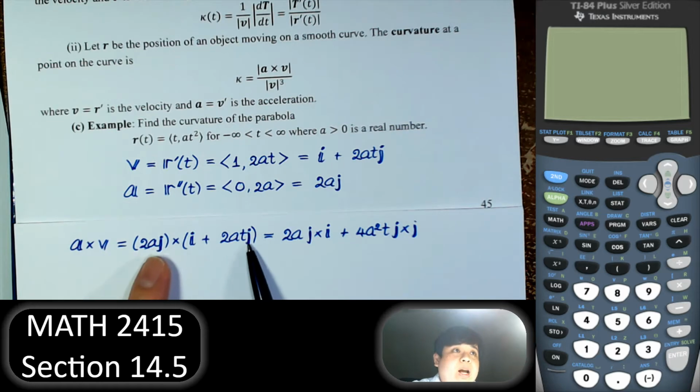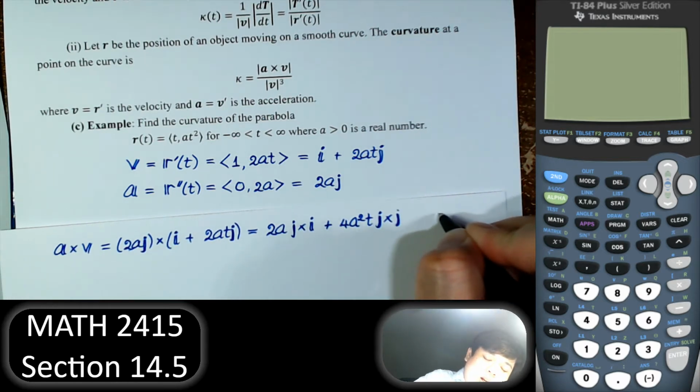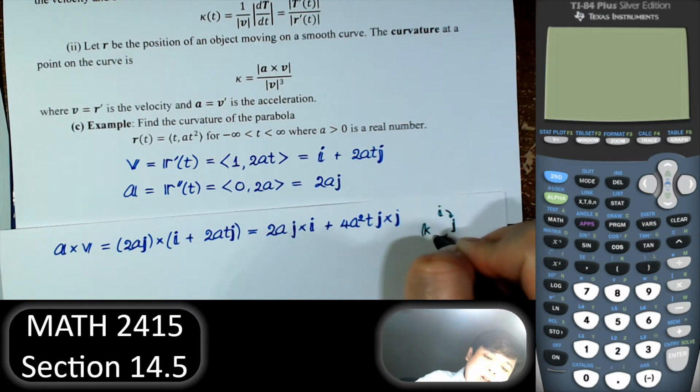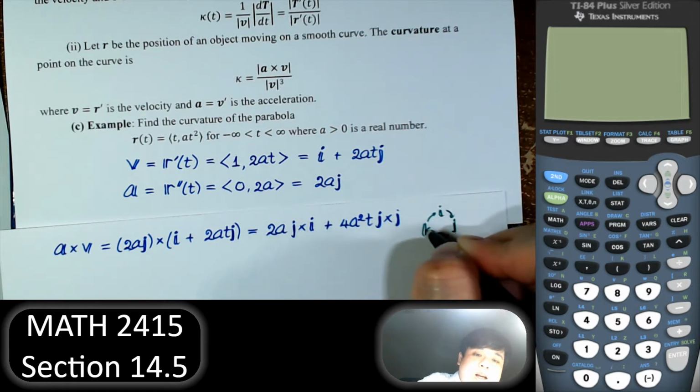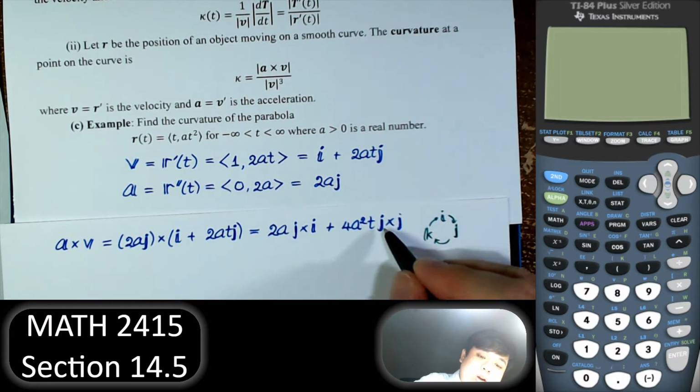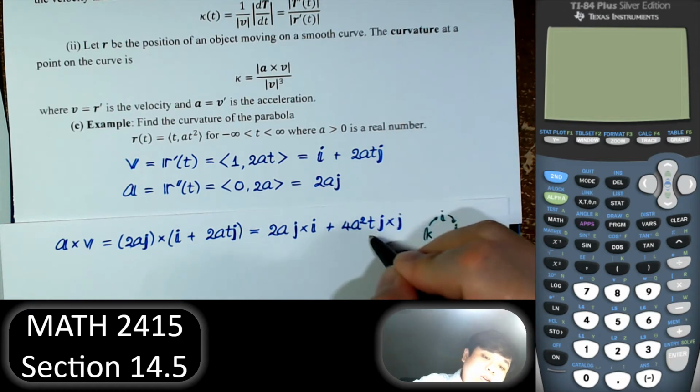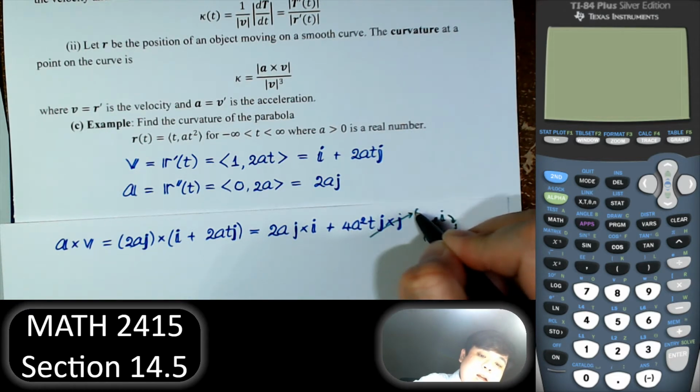Notice it's very important that we do not switch the order when we do the cross product. So exactly what we have. And then remember the cyclic relation i, j, k. This notation, i cross j is equal to k, k cross i is equal to j, j cross k is equal to i. So just go in that circle. And j cross j, anything cross itself is 0 vector.